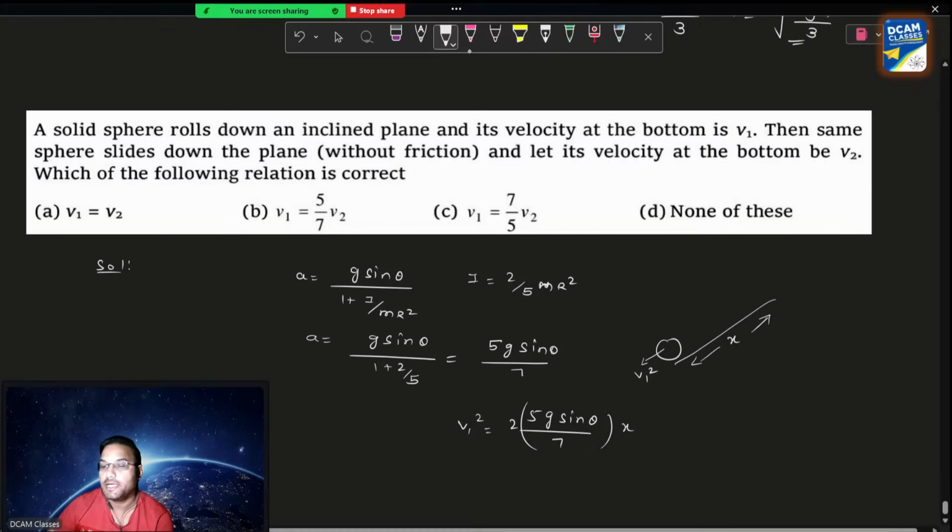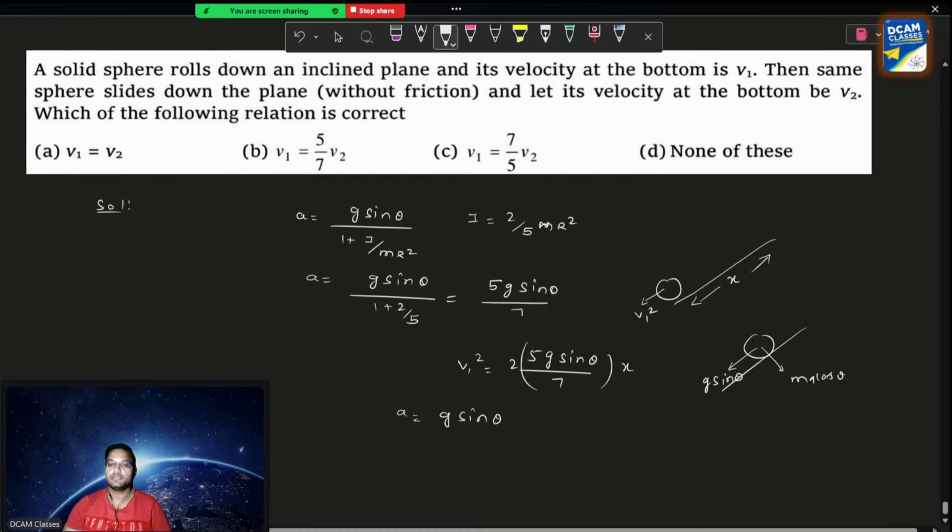Similarly, in the second case, where it is just sliding down, its acceleration will be g sine theta, because there is no friction. It's not rolling, it will just slip downwards with acceleration g sine theta, because only mg sine theta is acting along the incline. mg cos theta is perpendicular. So in the second case, acceleration will be g sine theta.